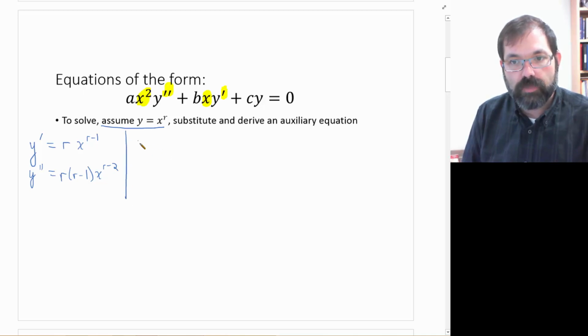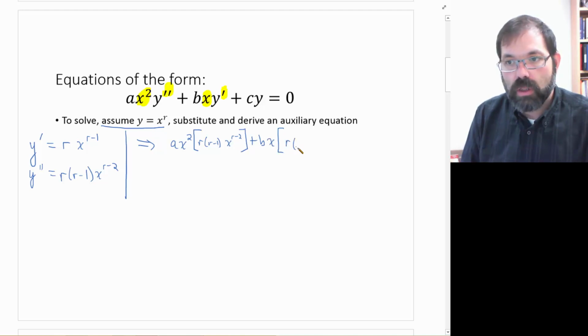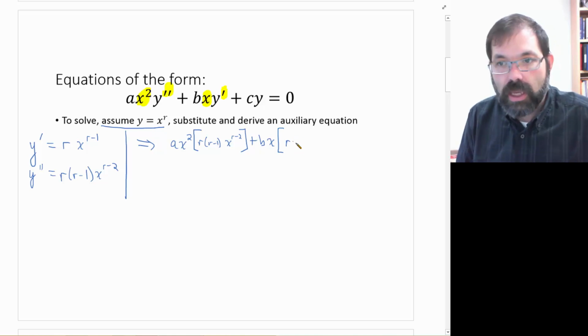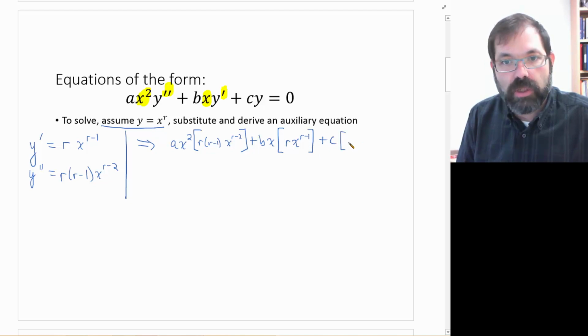Using the assumptions and substituting, we have then ax squared times r times r minus 1 x to the r minus 2, plus bx times y prime, which is r times x to the r minus 1, plus c, and then y we're substituting with x to the r.